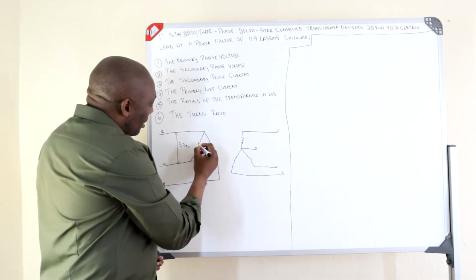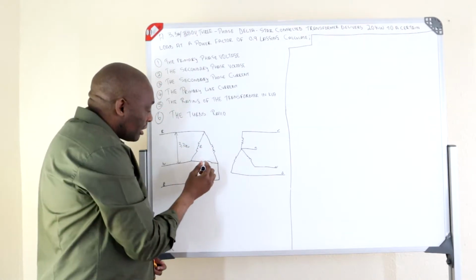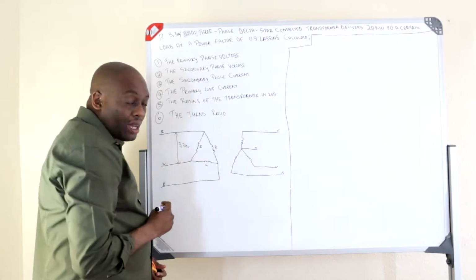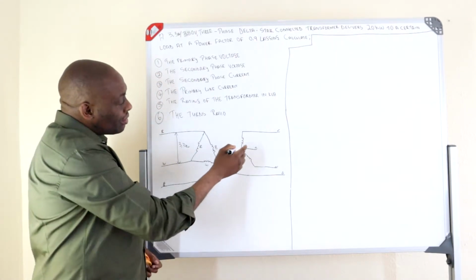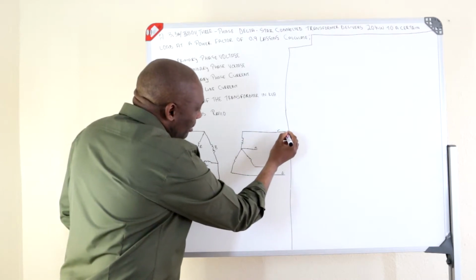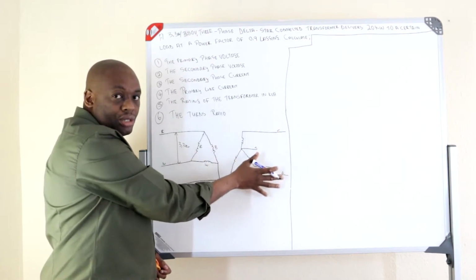And then we have our red phase, which is our phase impedance, our white phase, and our blue phase. On this side, our line voltage you can draw between any of the phases.